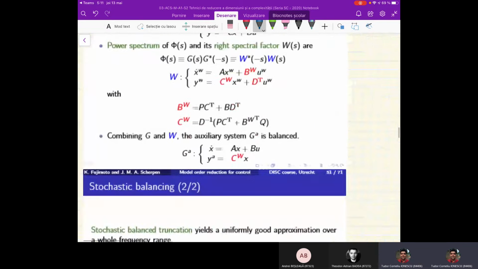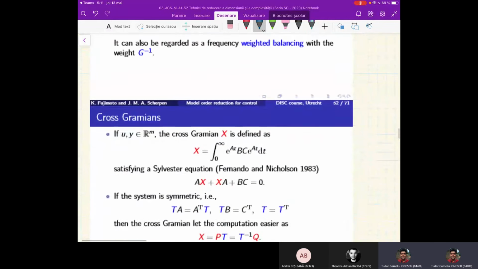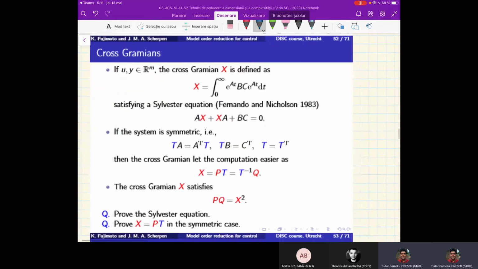Stochastic balancing again. Okay, let's skip a bit through this. And there is one notion we haven't discussed so far: we can also encounter a so-called cross-Gramian, but this cross-Gramian is rather strange. It's the solution of some mixed Sylvester equations.